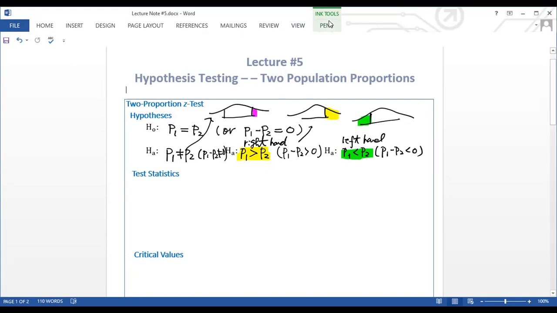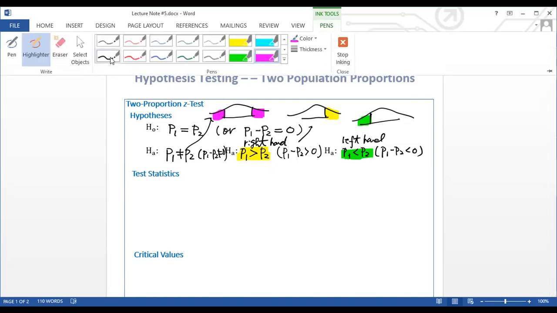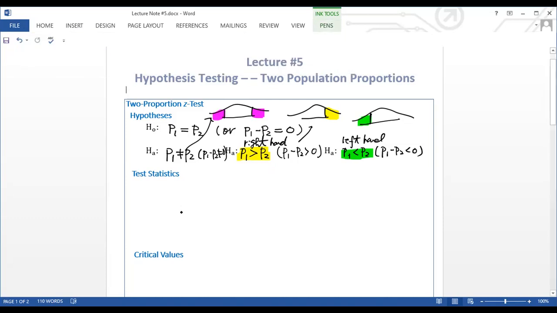Could it be over here, or could it be over here? That's very similar to our one population proportion test. You can have three alternatives here. Now let's take a look at our test statistic.